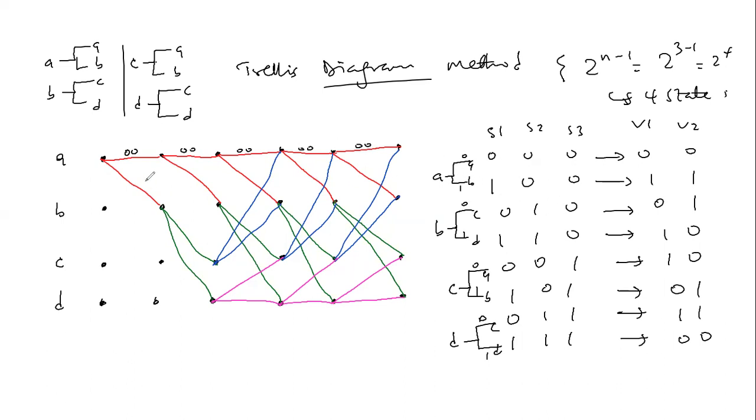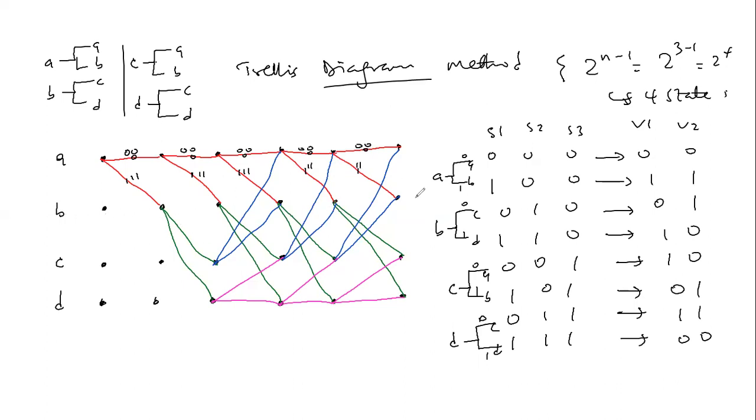Then from A to B, which emits a 1, in this case this emits a 0, okay? When it emits a 1, we have this here, 1. And the output is 1, 1.